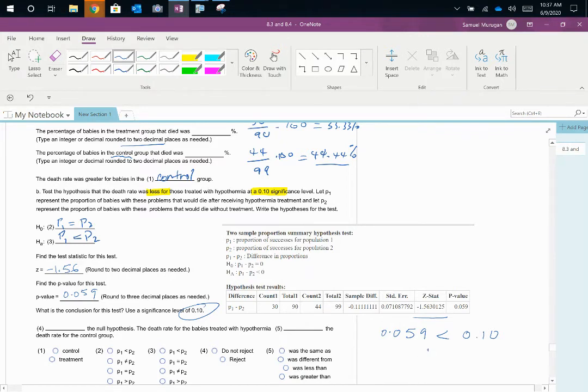So we still reject the null hypothesis, and we go with the alternative hypothesis. The death rate for babies treated with hypothermia was less than the death rate for the control group.